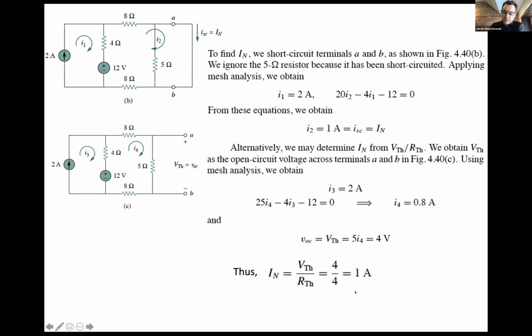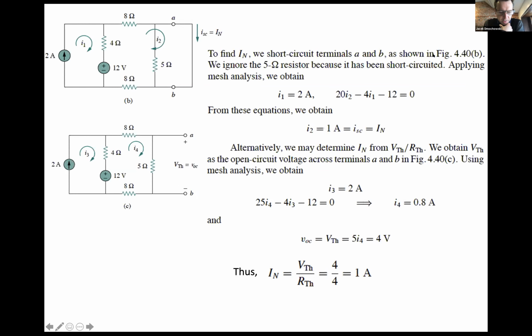This step is just demonstrated to show you that to find the Norton current, the first way is to short circuit A and B and figure out how much current flows here. The second way is to leave A and B open, solve for that open circuit voltage, and use Ohm's law to find the value of IN.